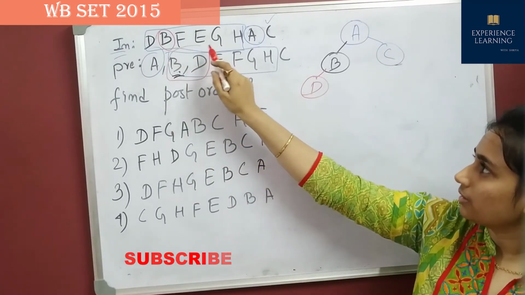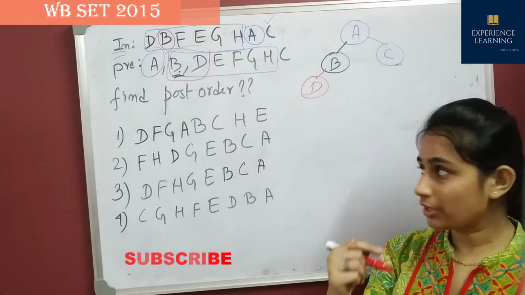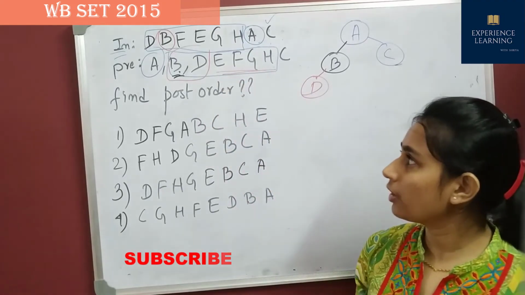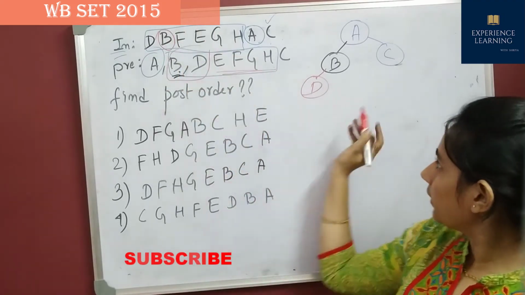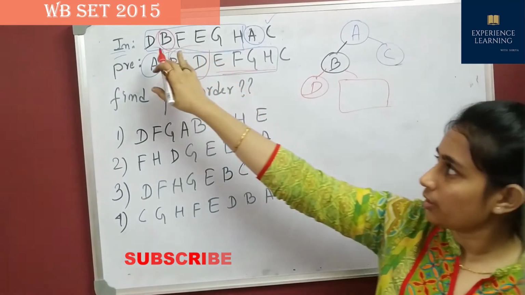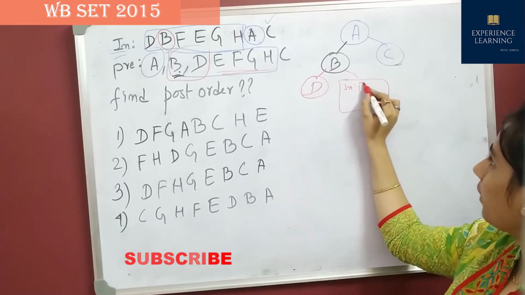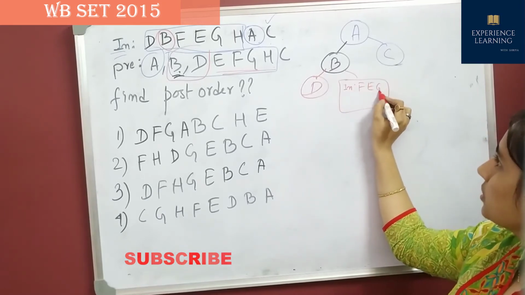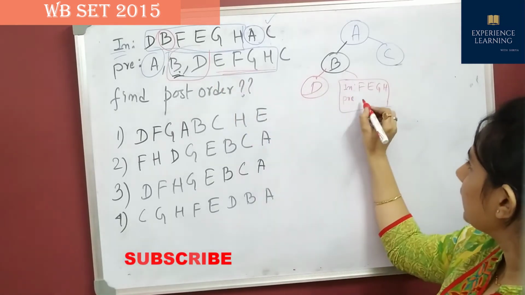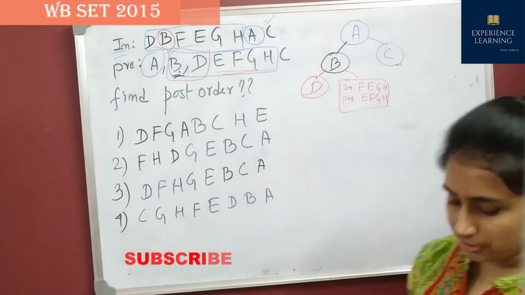F, E, G, H. Now we will always try to find it from the pre-order, and here in the right subtree we have in-order F, E, G, H, and pre-order E, F, G, H, isn't it?